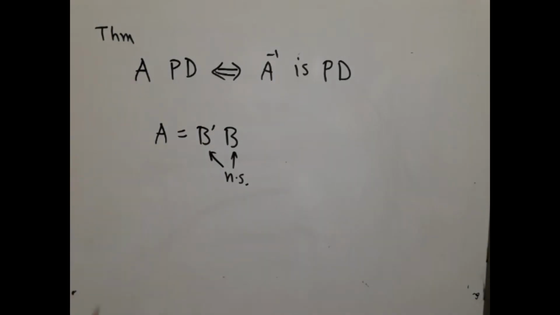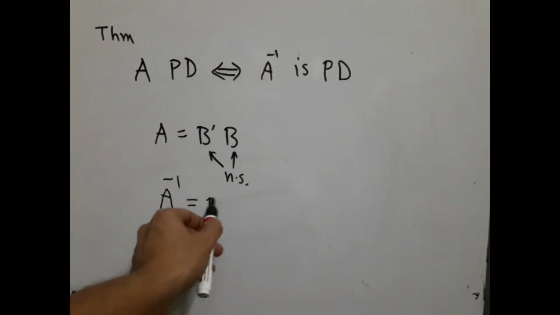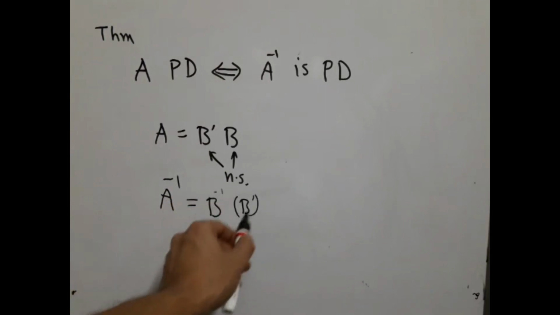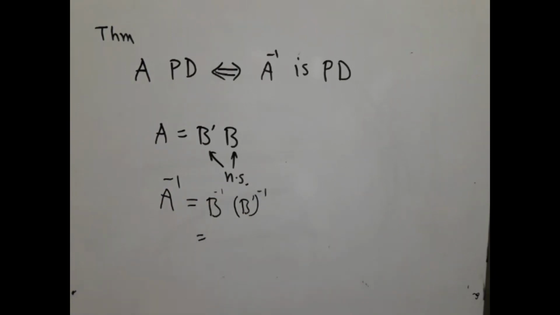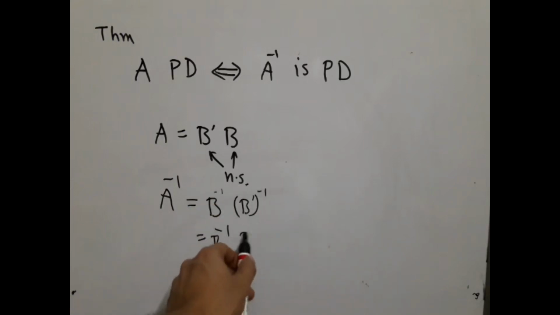So the inverse exists. So I will take A inverse, and this comes first B inverse, and then B transpose inverse. Now it's an interesting fact that you should know from elementary linear algebra: the inverse of B transpose is the same as B inverse transpose.